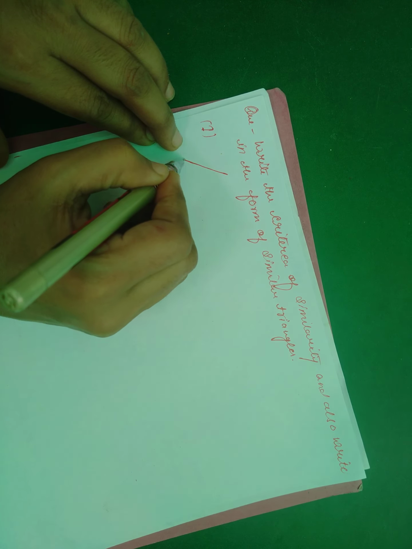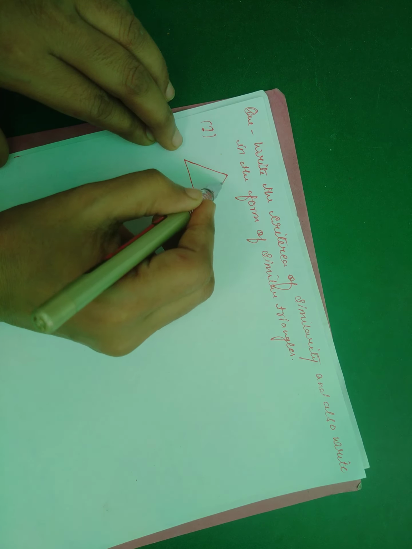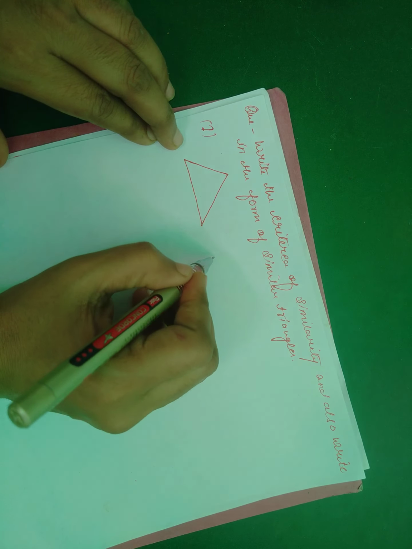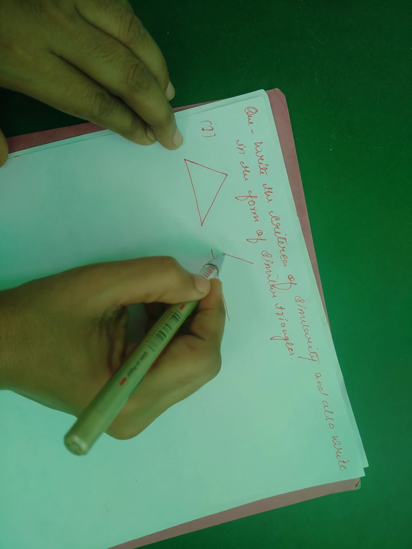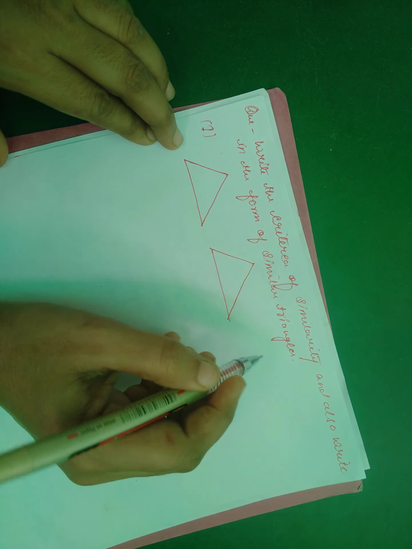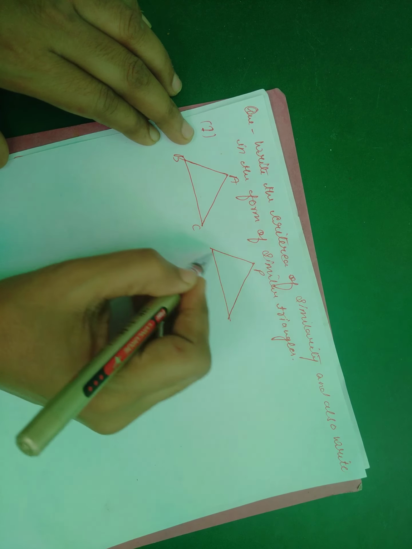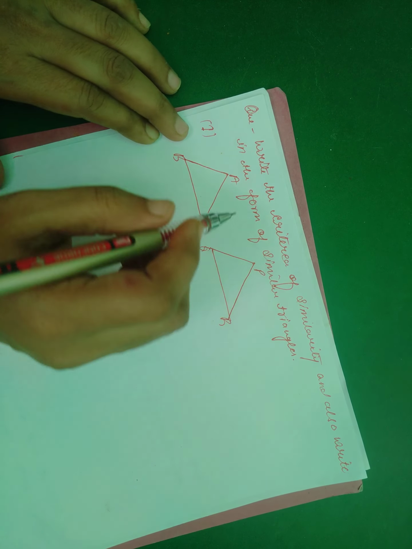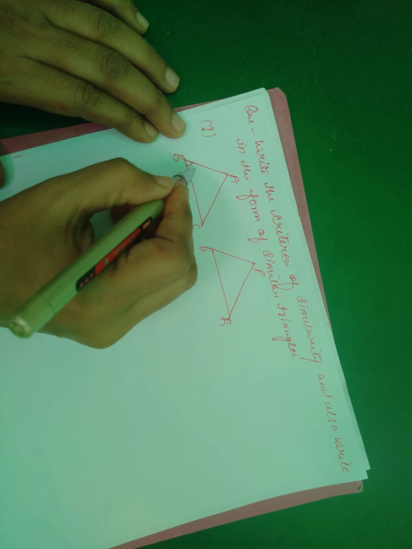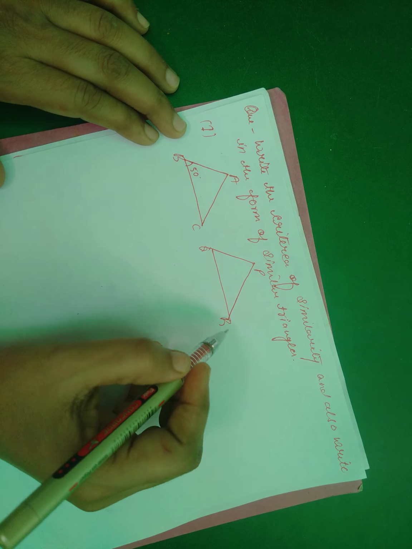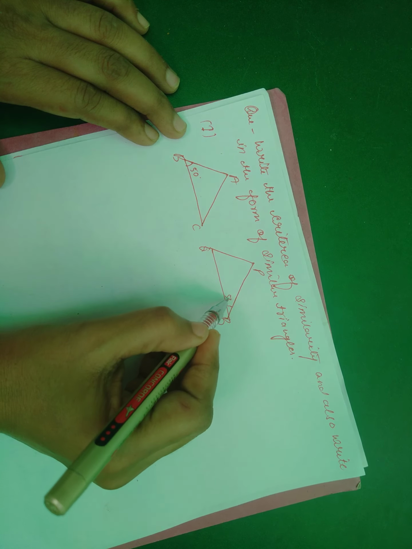there are two triangles. So angle B is 50 degrees and this angle is 50 degrees.